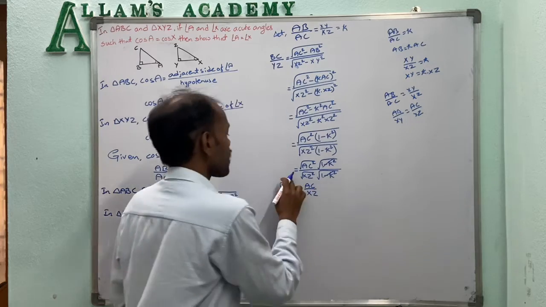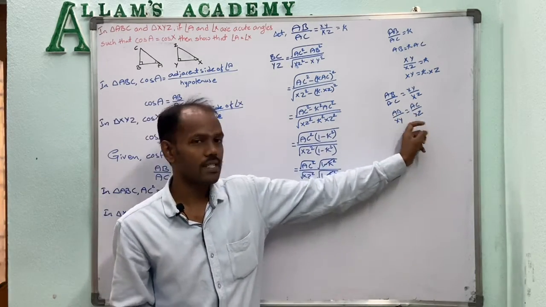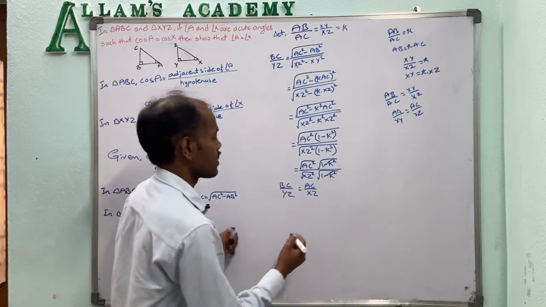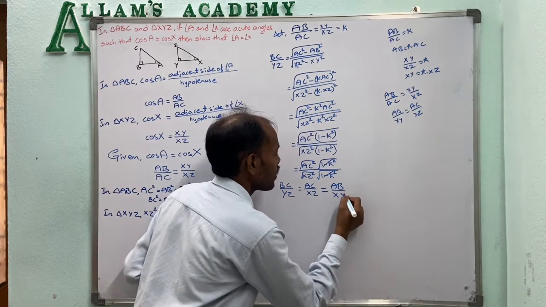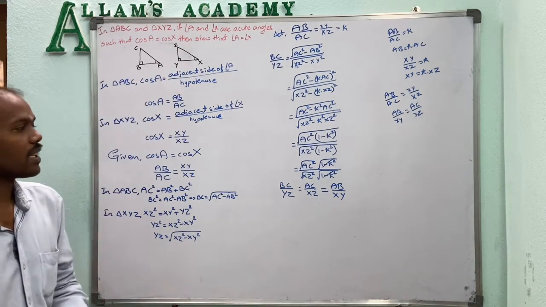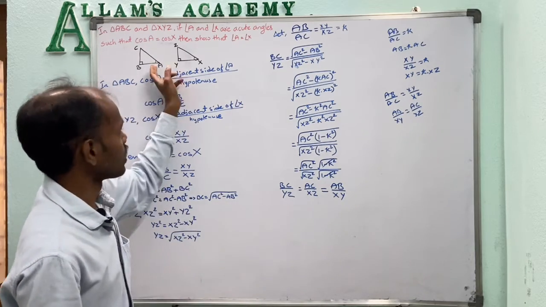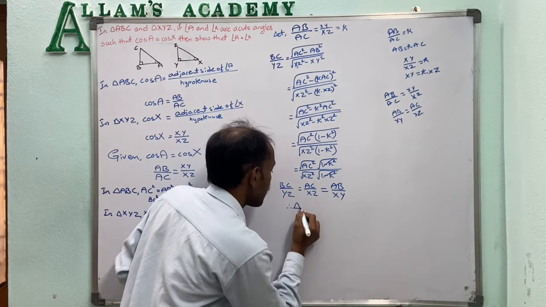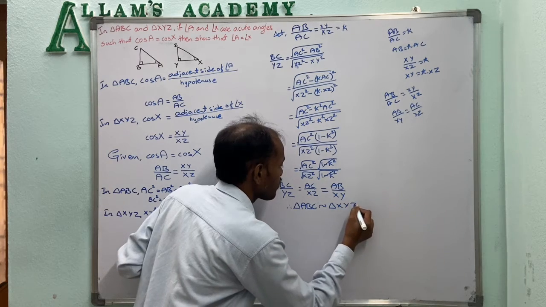That means the remaining third ratio is equal to the remaining two sides ratio, AB by XY equal to AC by XZ, which is also equal to BC by YZ. So in the two triangles ABC and XYZ, the corresponding sides ratios are equal. So now the two triangles are similar triangles. Therefore triangle ABC is similar to triangle XYZ.